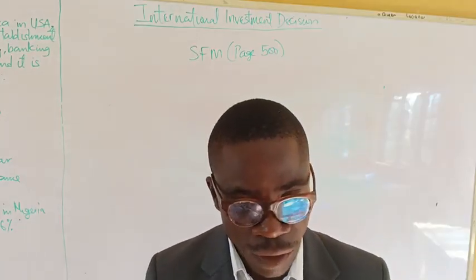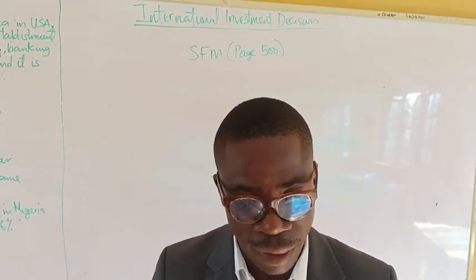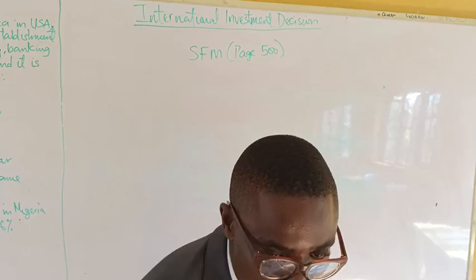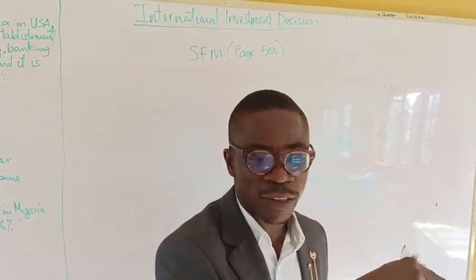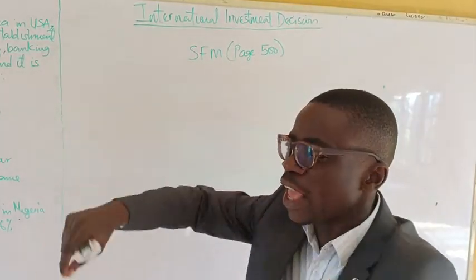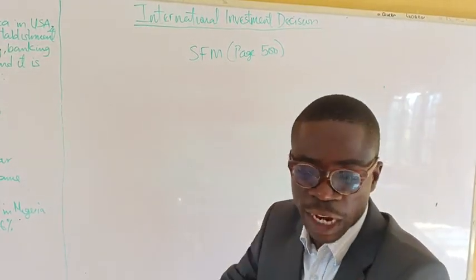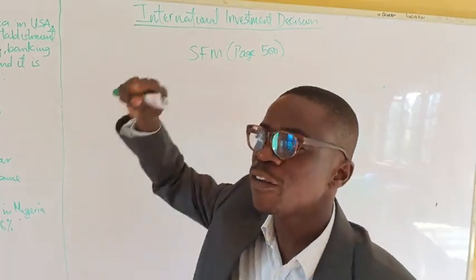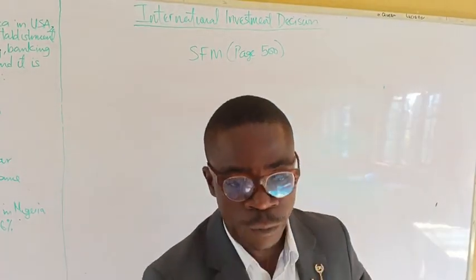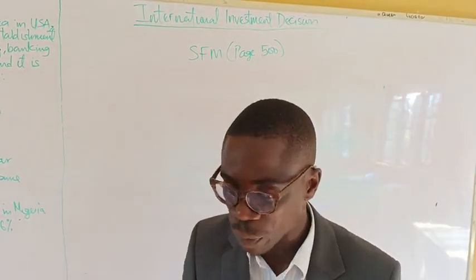Okay. Now, the discount rate for the project in Ghana is 10%, and the discount rate for similar projects in Nigeria is 8%. That means if they decide to invest in a similar project in Nigeria, they also give us the discounting rate, which is 8%.